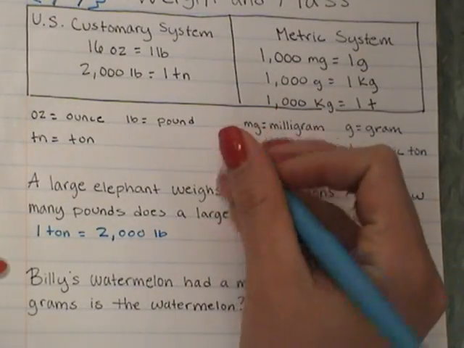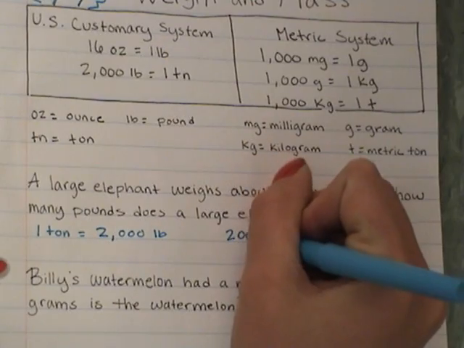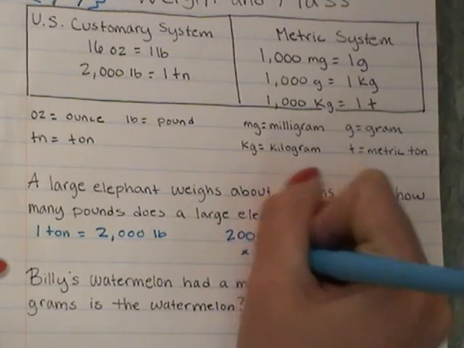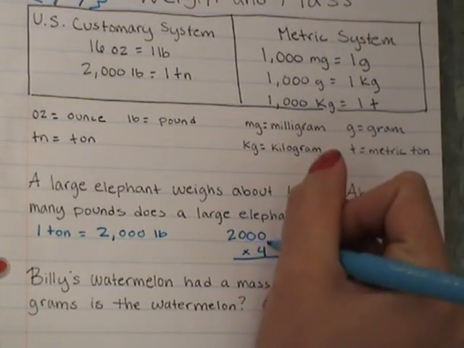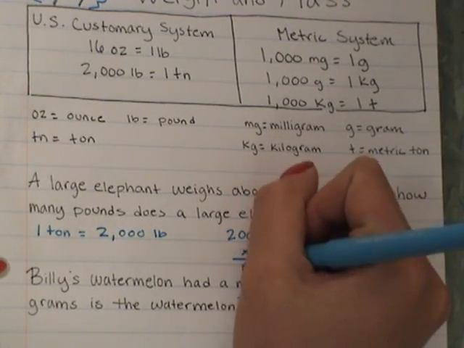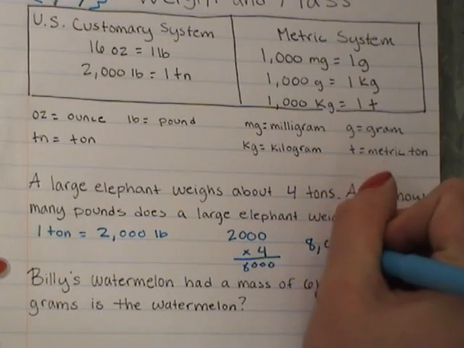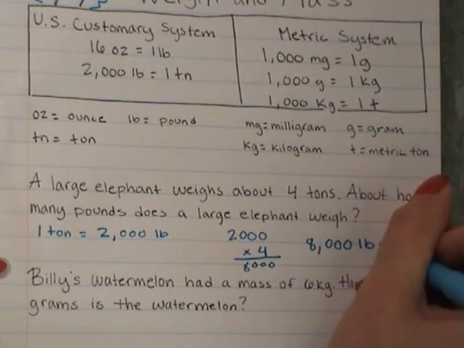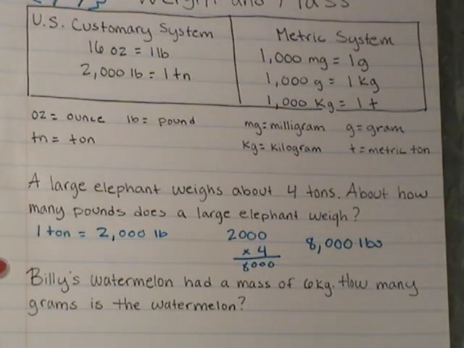So I need 2,000 times 4. And I know that this is something that you can do in your head. 0, 0, 0, 8. So my answer would be 8,000 lbs, which is the unit for pounds. 8,000 pounds. So I converted 4 tons to 8,000 pounds.